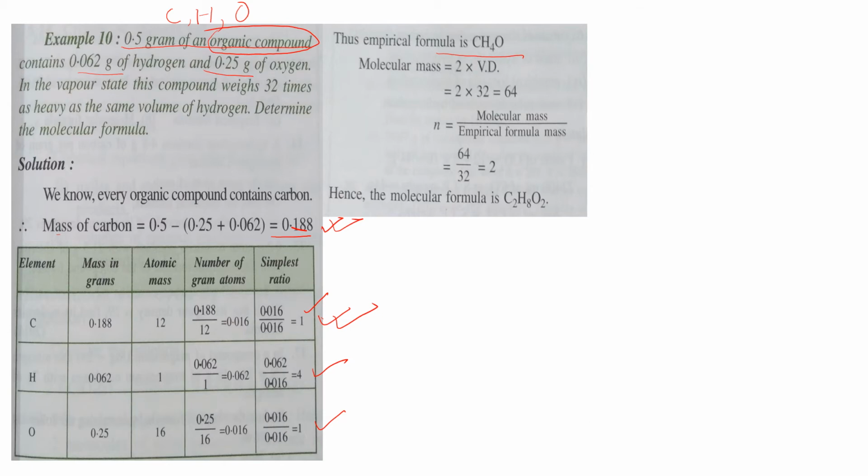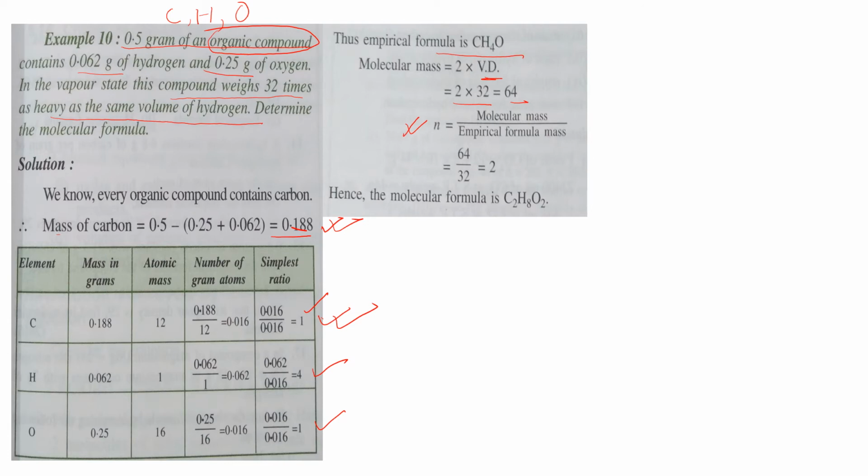Now as it is given that in the vapor state this compound weighs 32 times as heavy as the same volume of hydrogen, from the relative vapor density formula this is nothing but the vapor density. So molecular mass is equal to 2 into vapor density, that is 64. Now from there find the value of n, molecular mass by empirical formula mass.